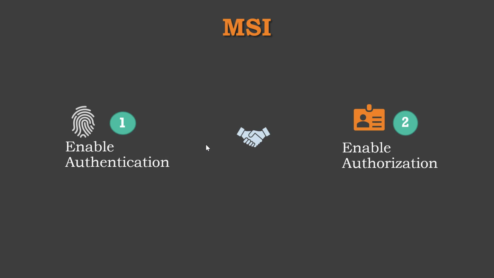So for the whole MSI concept to work, you need to understand two pieces. One is the authentication part, which comes with enabling the MSI on the service instance itself, and the second is the authorization part, which is assigning the appropriate RBAC role on the target service to which you are trying to connect. Once you have these two pieces together, your application will work fine.